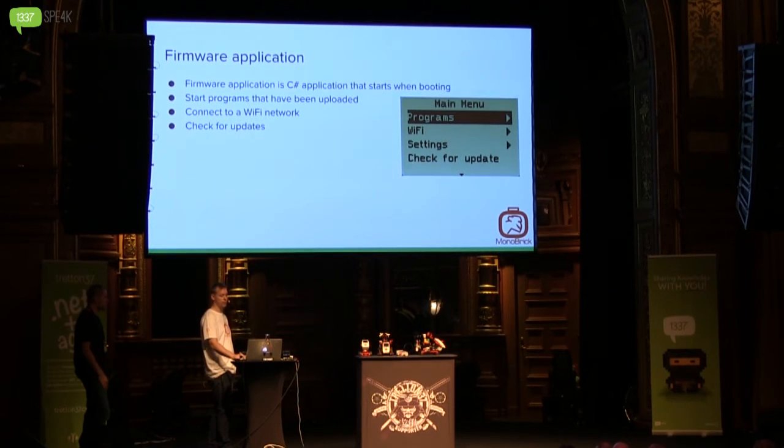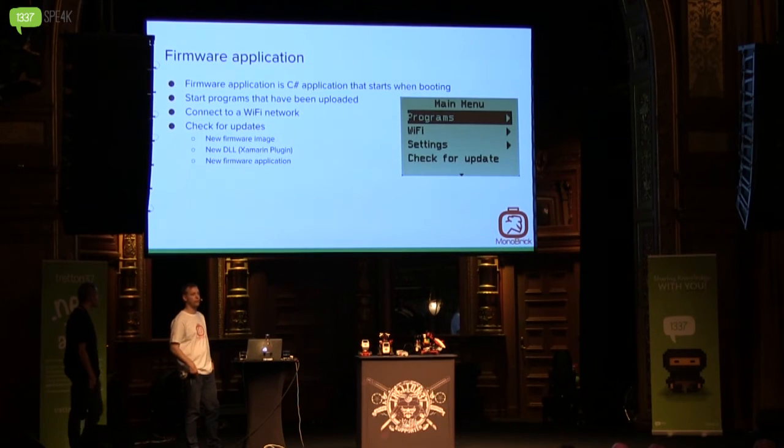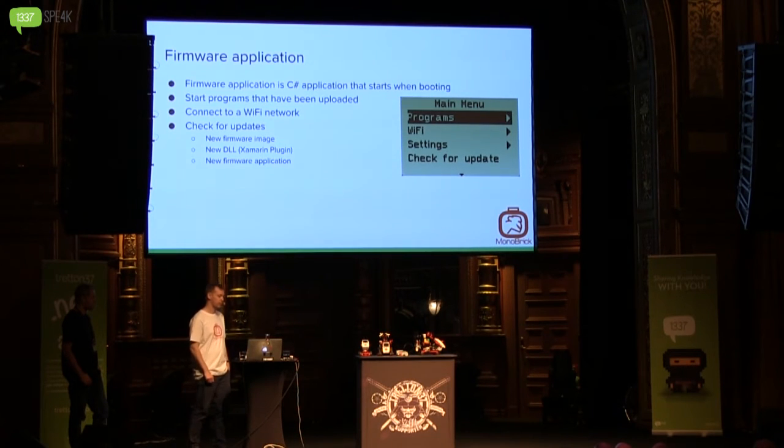You can check for updates. And this includes checking if we have uploaded a new image to our website, and also checking if there's a new firmware application. If that is the case, then you can actually download that application to the brick, and then the next time you boot, it will just start with the new application. We are also able to detect whether or not there's a new hardware DLL available on our site.